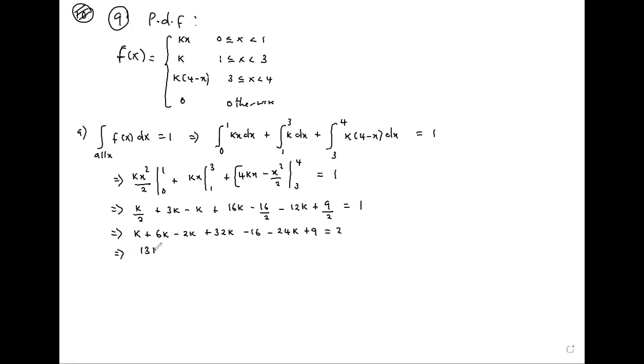So we get 13k is equal to now 2 minus 9 plus 16. We get 9. This implies that k is equal to 9 over 13.